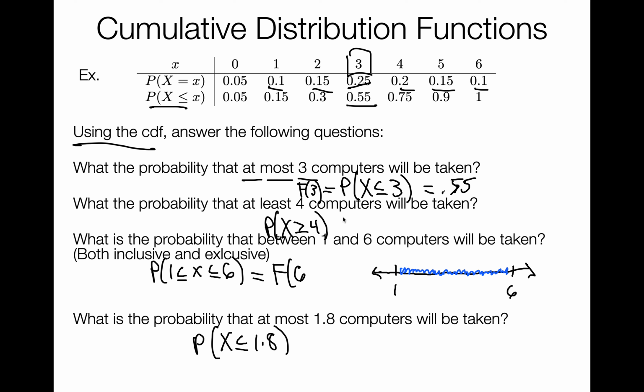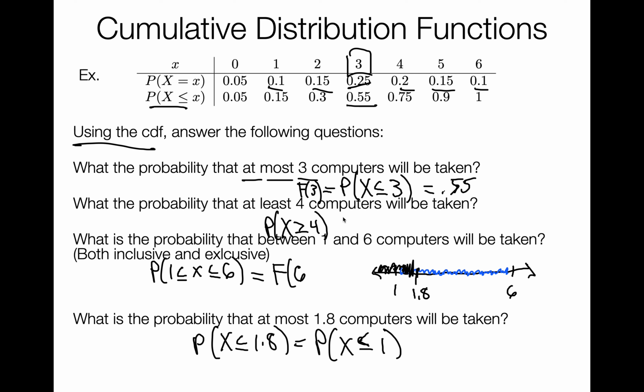You might think this is a nonsensical question because I can't have 1.8 computers taken. Essentially, on this number line, 1.8 might be here, and I want everything there and below 1.8. But the answer is to rewrite this as the probability that X is less than or equal to 1, because there's nothing from 1 to 1.8.